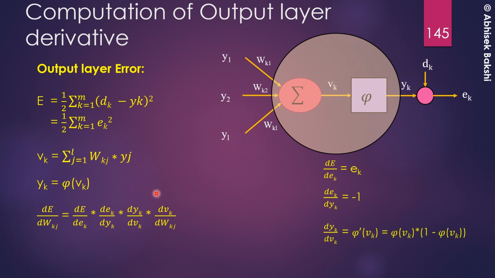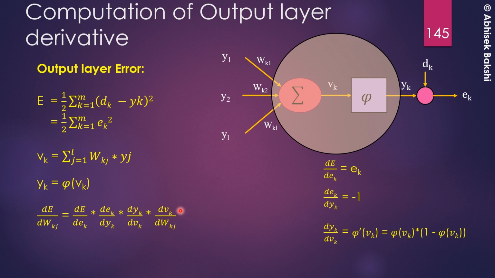So derivative of yk with respect to vk will be nothing but this particular expression. It's an already derived expression. I have shown that in my previous classes, how easy calculating the derivative of the sigmoid function is. So I'm not going into detail about how it is possible. You can check my previous video if you cannot recall right now. Okay. Anyway, let's move on.